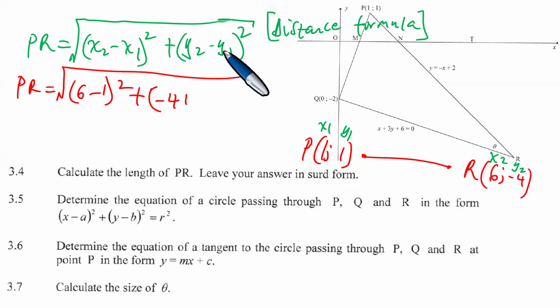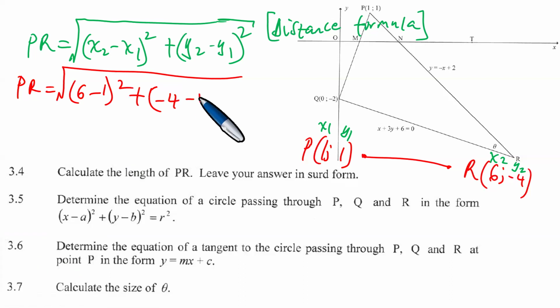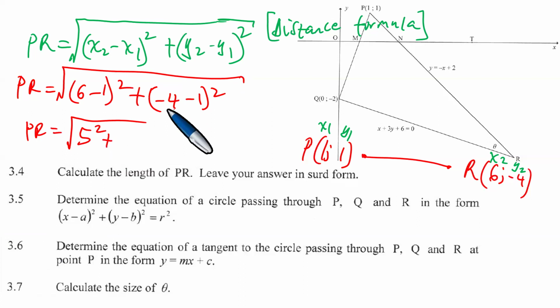So you put a minus y1, so it's -1 here. Right, let's continue. Which means PR equals, what is 6 minus 1? It's 5 squared. -4 minus 1 is -5 squared.